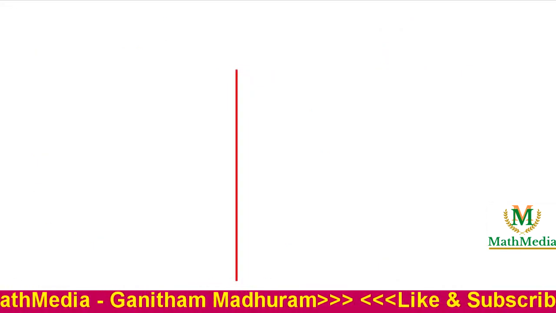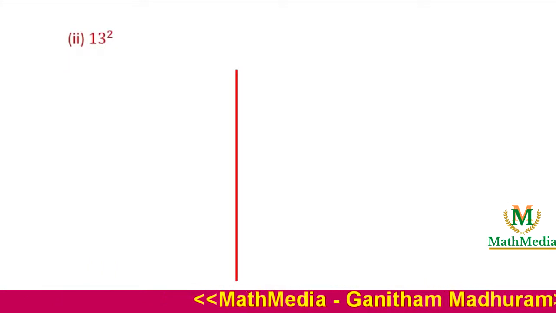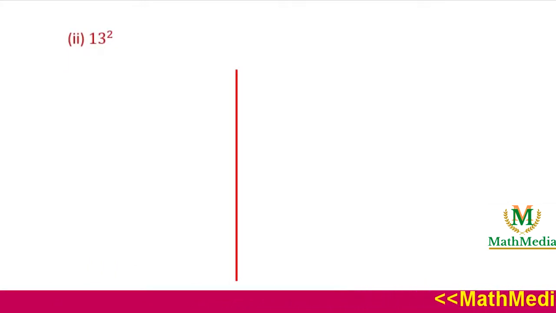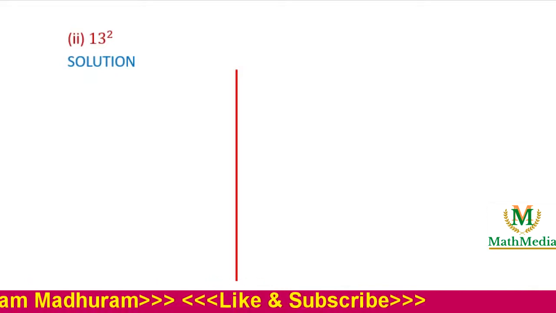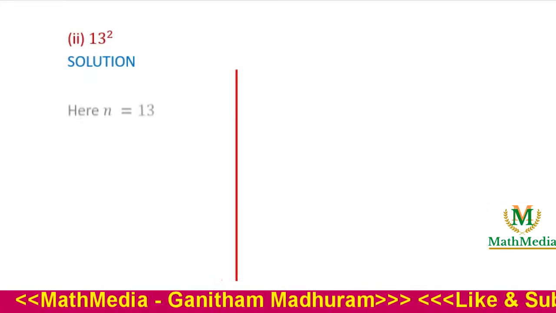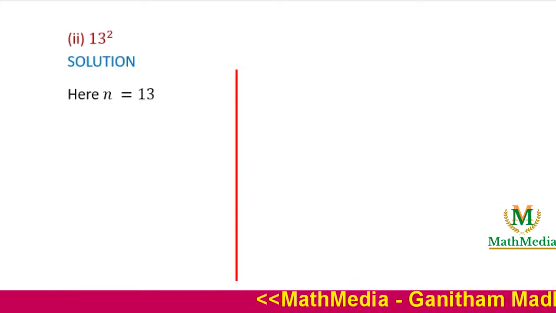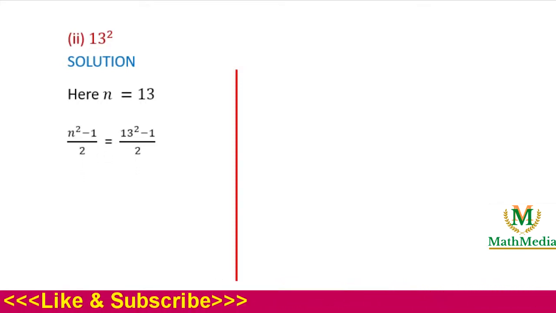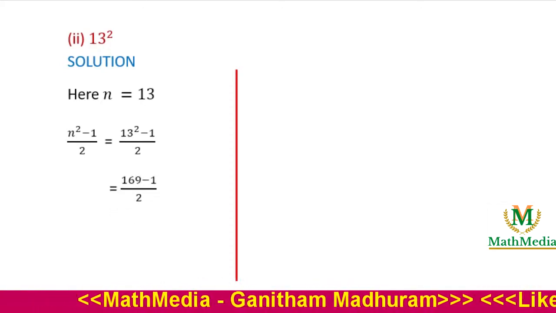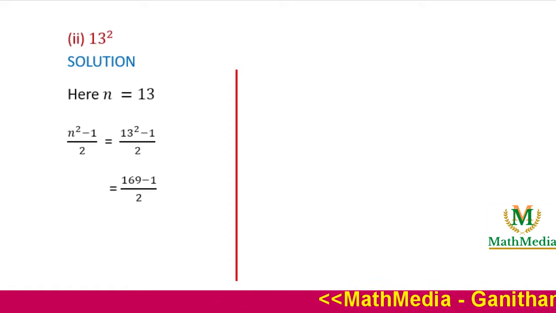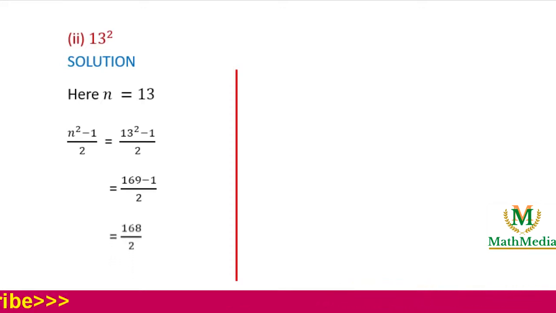Next, we have to find 13 square as a sum of two consecutive integers. Here n equal to 13. So our first number will be (n square minus 1) upon 2, that becomes (13 square minus 1) upon 2, that is (169 minus 1) upon 2, 168 upon 2.